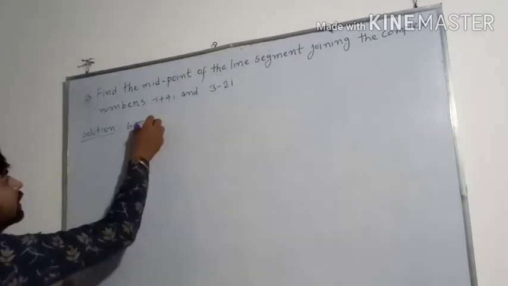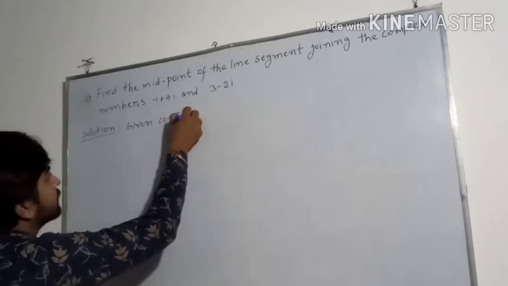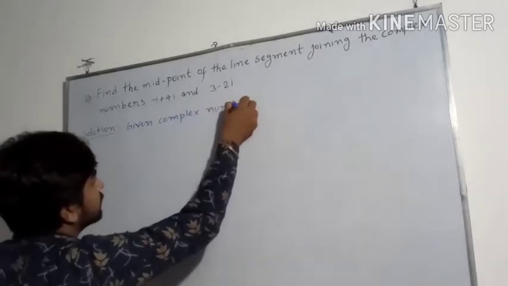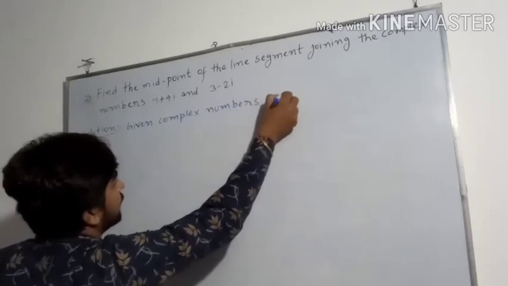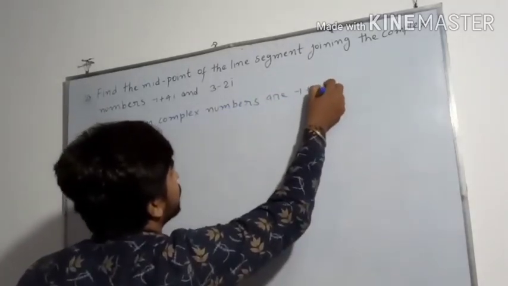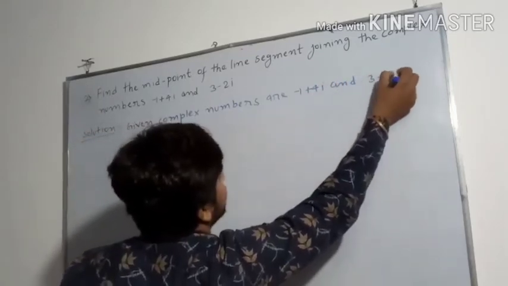Now, given complex numbers are minus 1 plus 4i and 3 minus 2i.